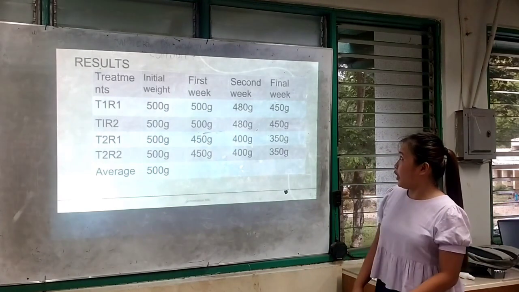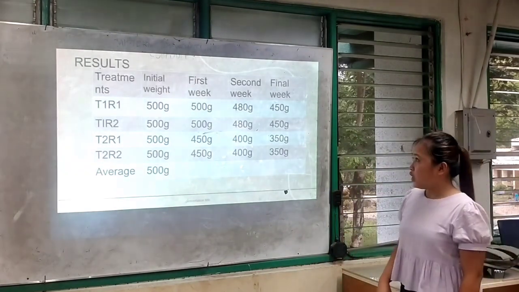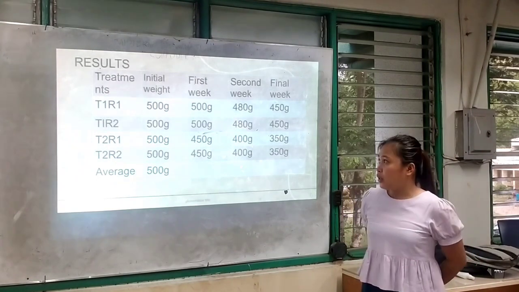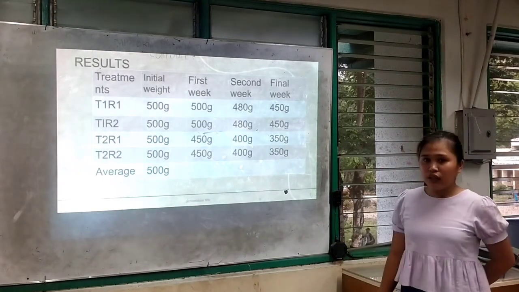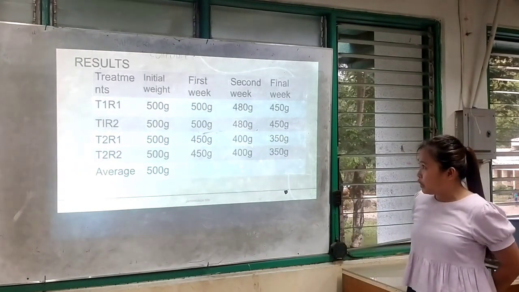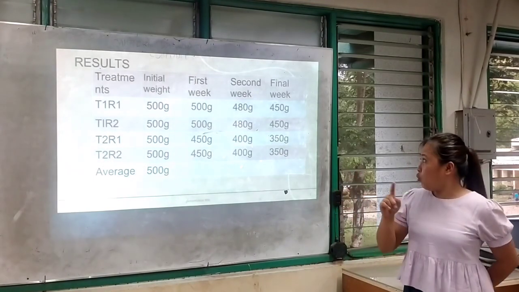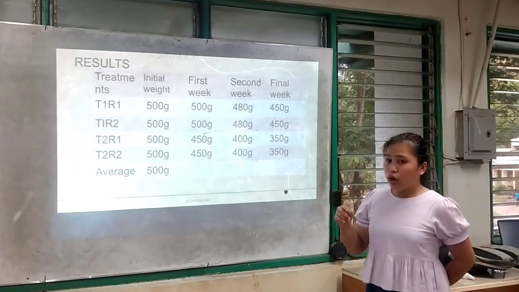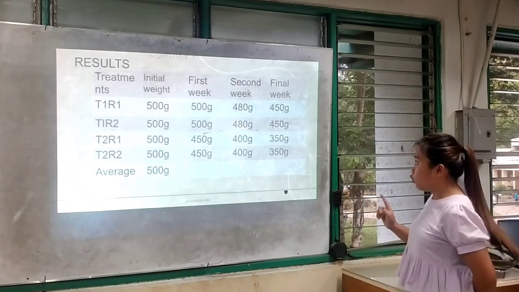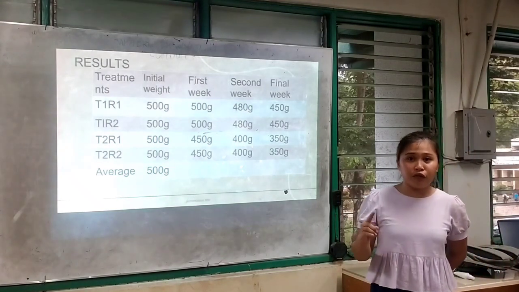In the final week, T1R1 and T1R2 were reduced to 450 grams, and T2R1 and T2R2 were also reduced to 350 grams.